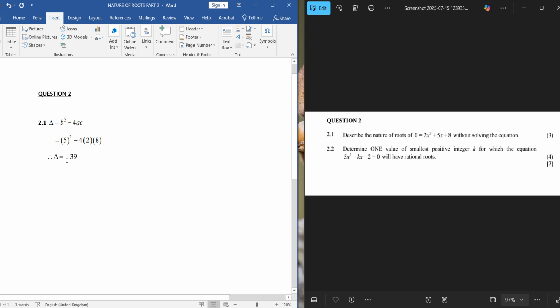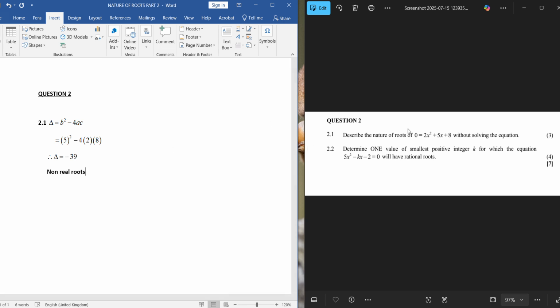Now the value of delta that we have here is a number that is negative. Now, if delta is a negative number, the roots are going to be non-real roots. Meaning that the roots of this quadratic equation, the solutions of x, are going to be non-real roots.